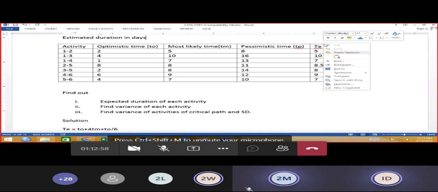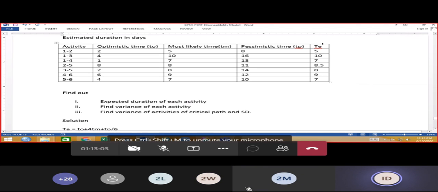One more column is left. Okay, one more column will be inserted here. Right?